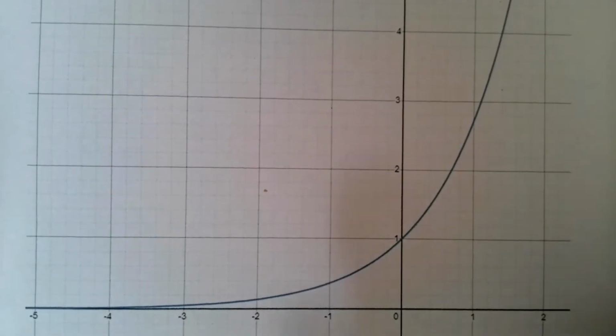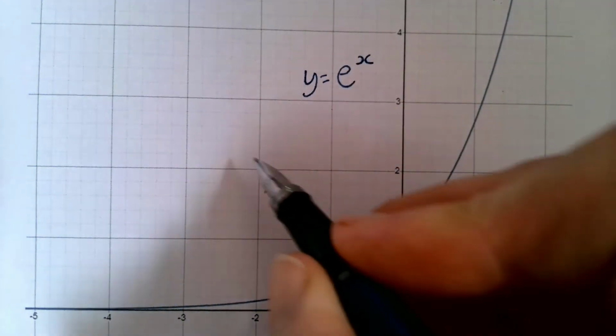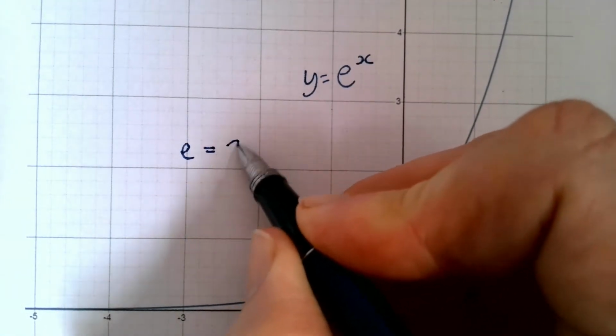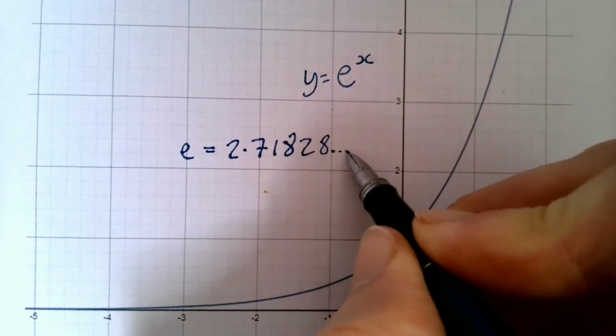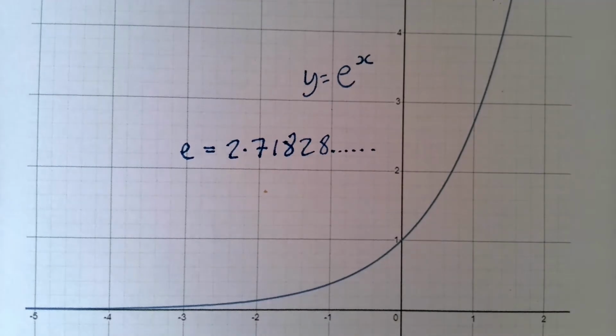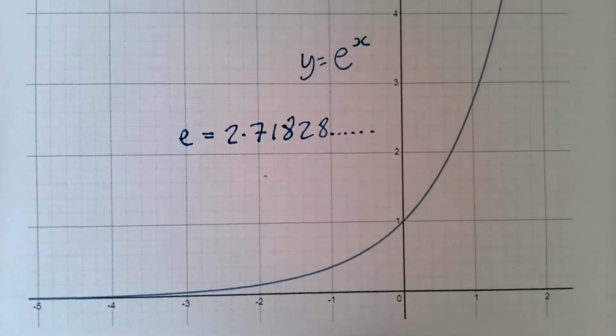So this is the graph of y equals e to the power x, and e equals 2.71828, and so on. You don't need to know exactly what it equals, but you do need to know the ramifications of this, and for that we've got some rules for how to differentiate e to the power x and things like it.